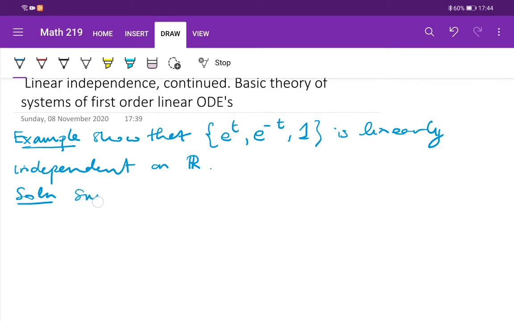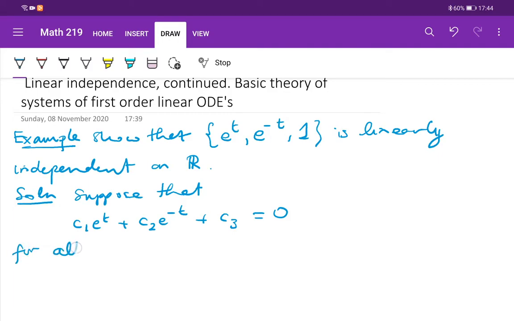Suppose that C1 e to the t plus C2 e to the minus t plus C3 is equal to 0 for all t. So then we want to show that necessarily C1, C2 and C3 are all 0.